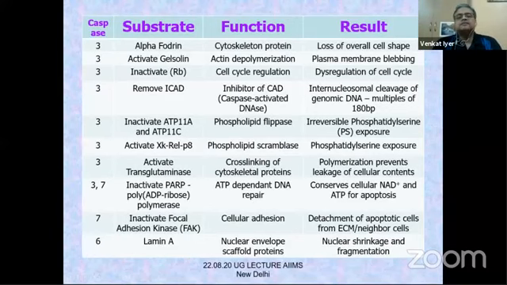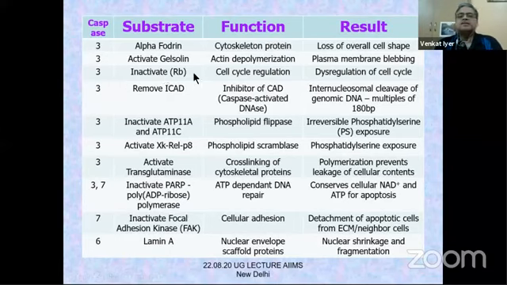until you come to this slide. You can see the number of things which are involved in apoptosis. We have alpha-fodrin activation by caspase 3, which cleaves the cytoskeletal proteins and cross-links, causing loss of overall cell shape. Gelsolin is activated, which causes depolymerization of actin, and therefore there is plasma membrane blebbing.